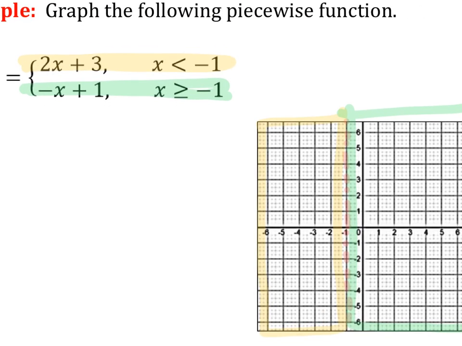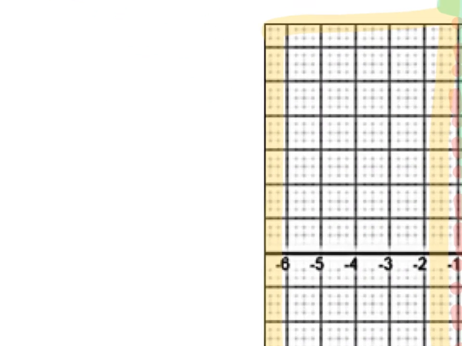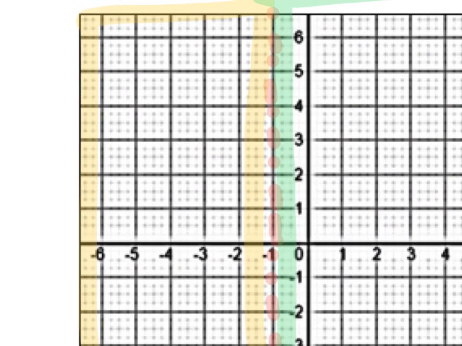Let's see, first off, 2x plus 3. Well, it's got a y-intercept of 3. Slope is 2. So my y-intercept is going to be 3, and the slope would be up 2 over 1, up 2 over 1. But keep in mind, we only want this graphed in the yellow region over here. So when I make these marks, it's just going to be for reference.